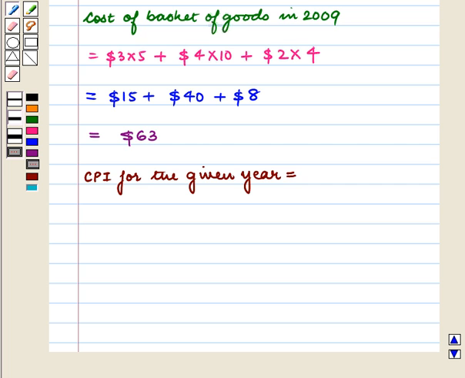So now CPI for the given year is equal to 92 upon 63 into 100, which is equal to 146.03.